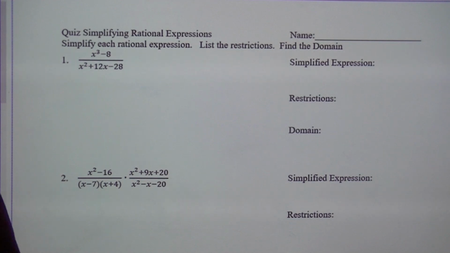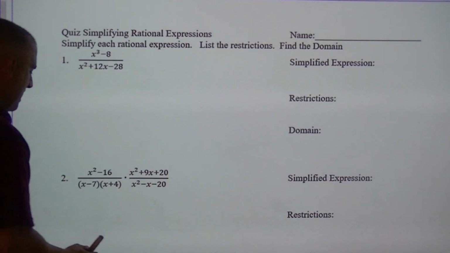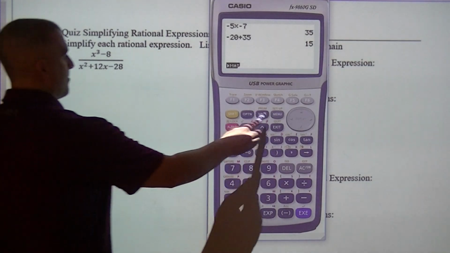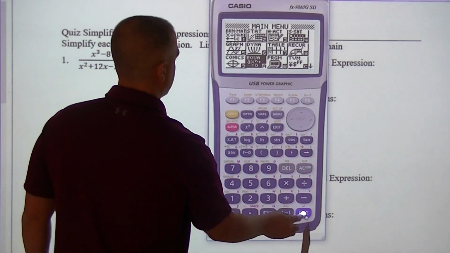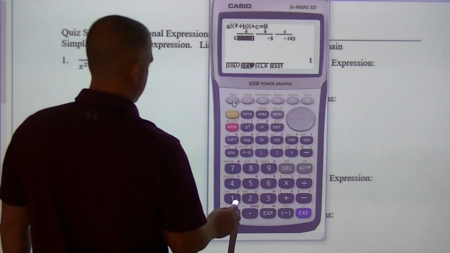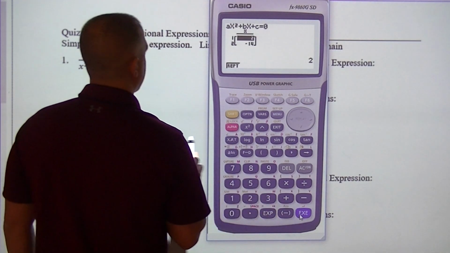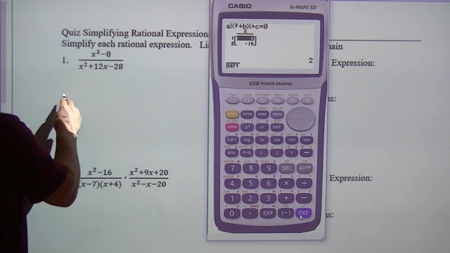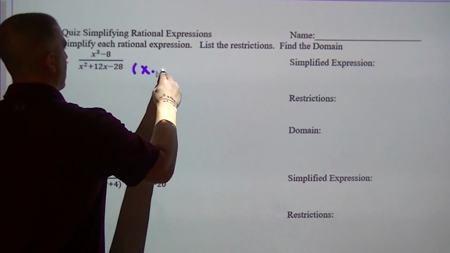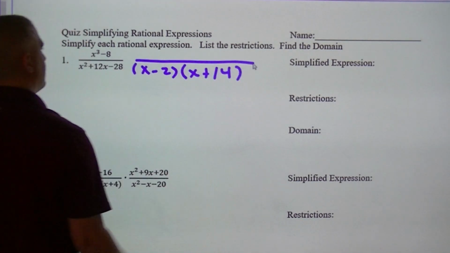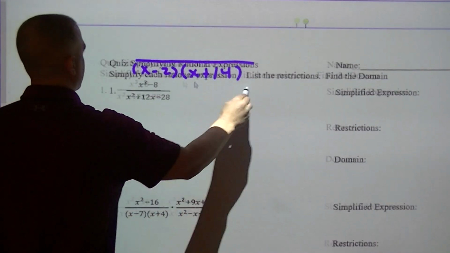Alright? So what I'm going to do, all right, the bottom's easy to factor here. So I go to menu, I go to equal, polynomial, 1, 12, negative 28. Okay, I got x minus 2, x plus 14. Now, this top part, you know what, let me move this down.